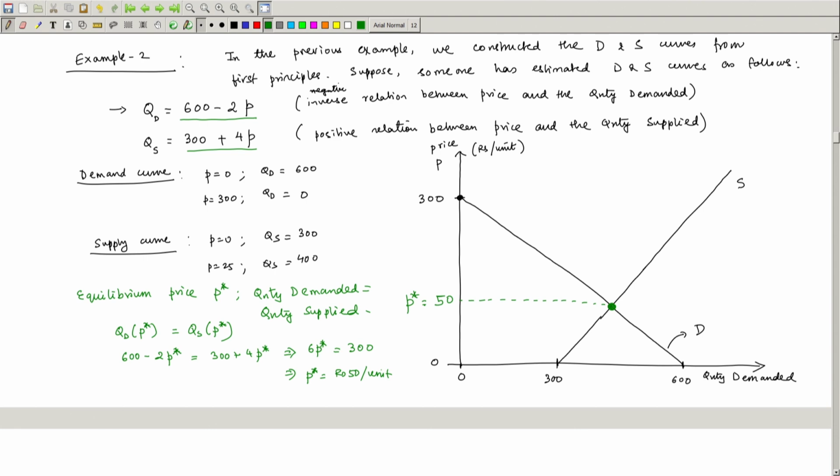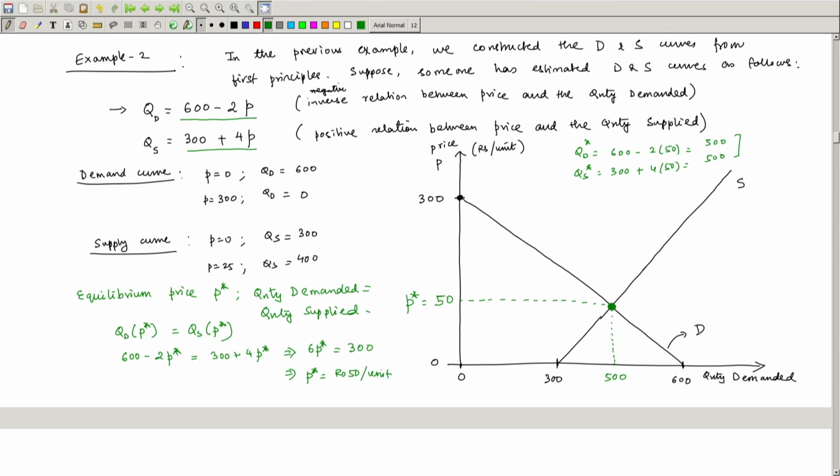So, I can either use the demand curve: Q star is 600 minus 2 times 50, 600 minus 100, which is 500. Alternatively, from the supply curve, Q S star equals 300 plus 4 times 50, 300 plus 200, which is also 500. So, that is going to be this quantity, which is 500.